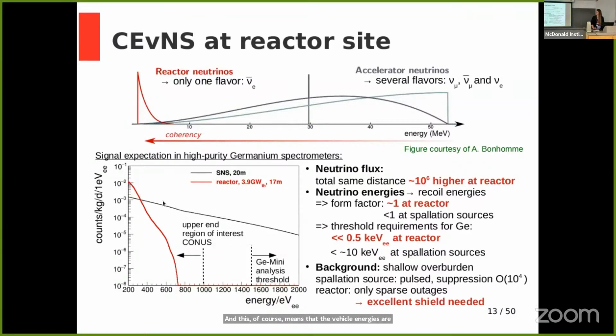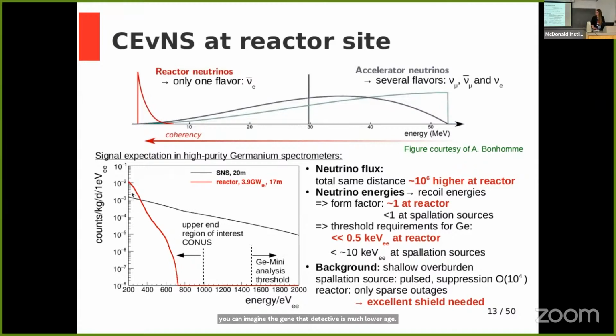So here's an expectation for germanium, and you can clearly see that at the reactor site, the spectrum starts at much lower energies. So I put here the analysis thresholds for the analysis here for COHERENT, and then also for CONUS, which is a reactor experiment. You can see that these regions don't even overlap for the upper end of the region of interest. So you can imagine that you need a detector with a much lower energy threshold to be able to see CEvNS at the reactor site.